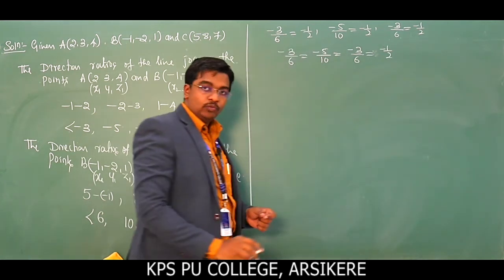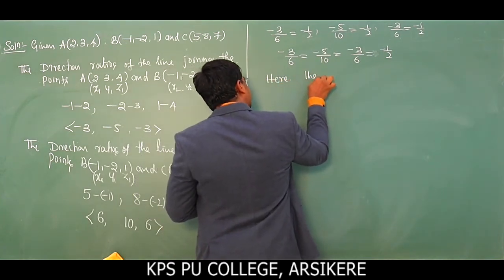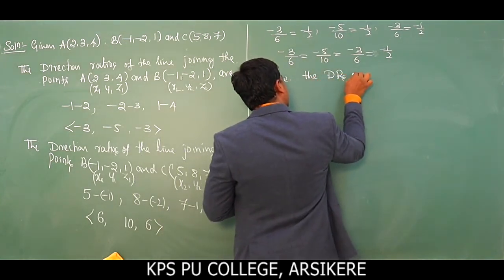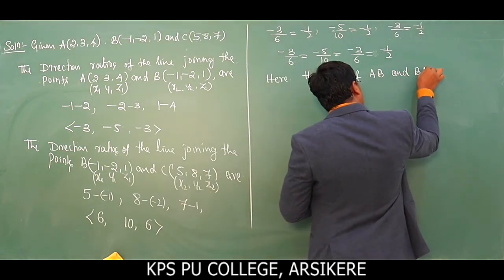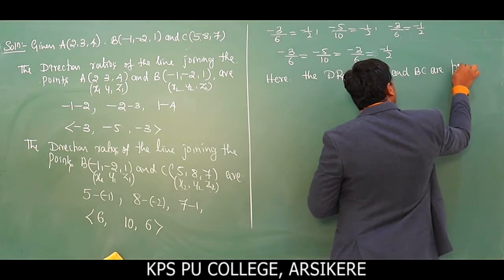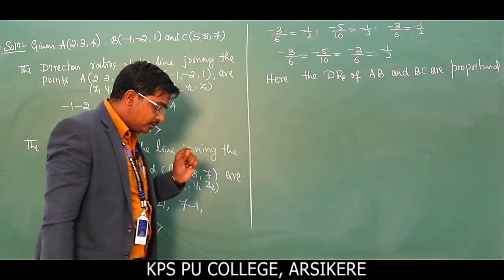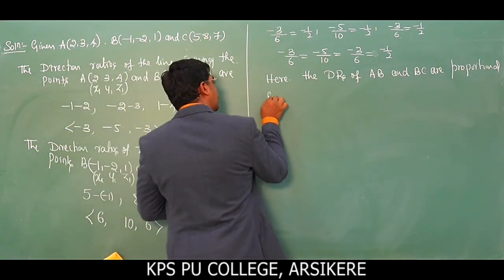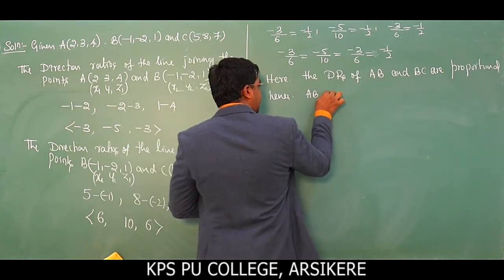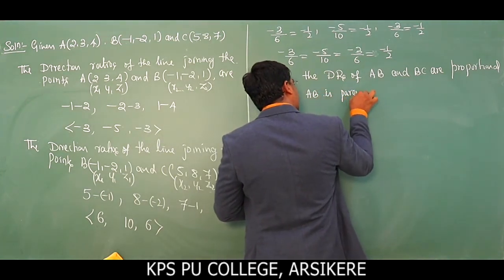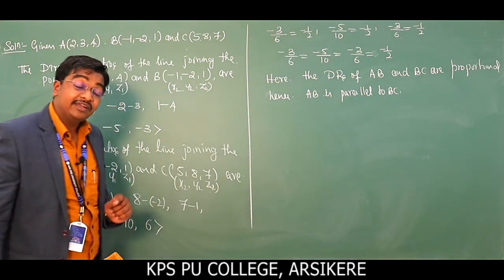Hence the direction ratios of AB and BC are proportional, and hence AB is parallel to BC. So AB and BC are parallel.